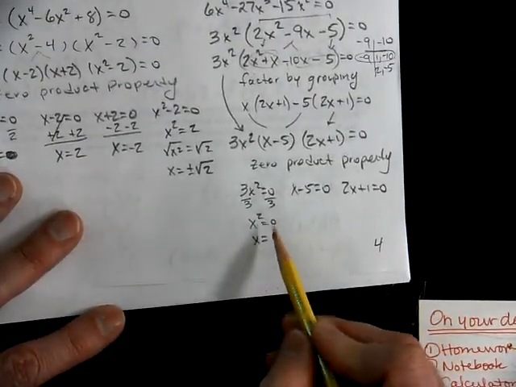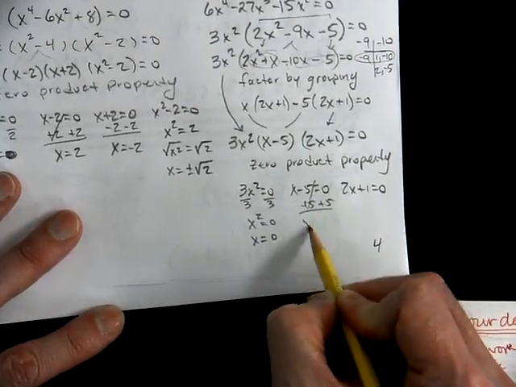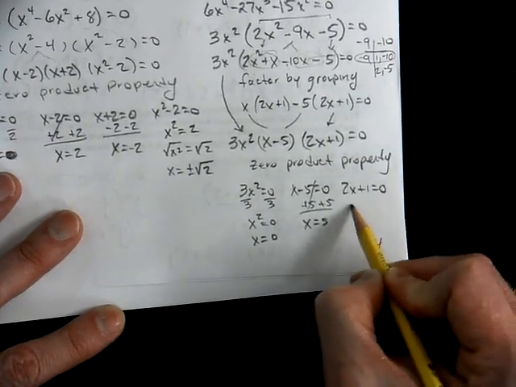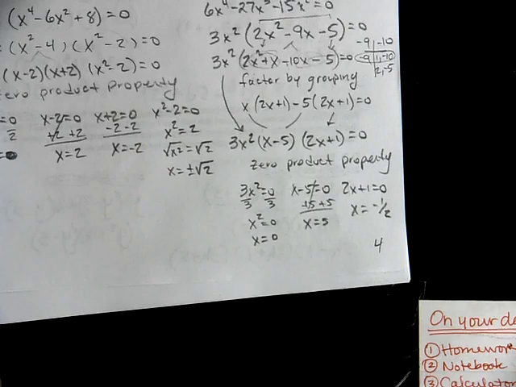So when you take the square root of 0, you get 0. And you subtract the 1 and divide by the 2.